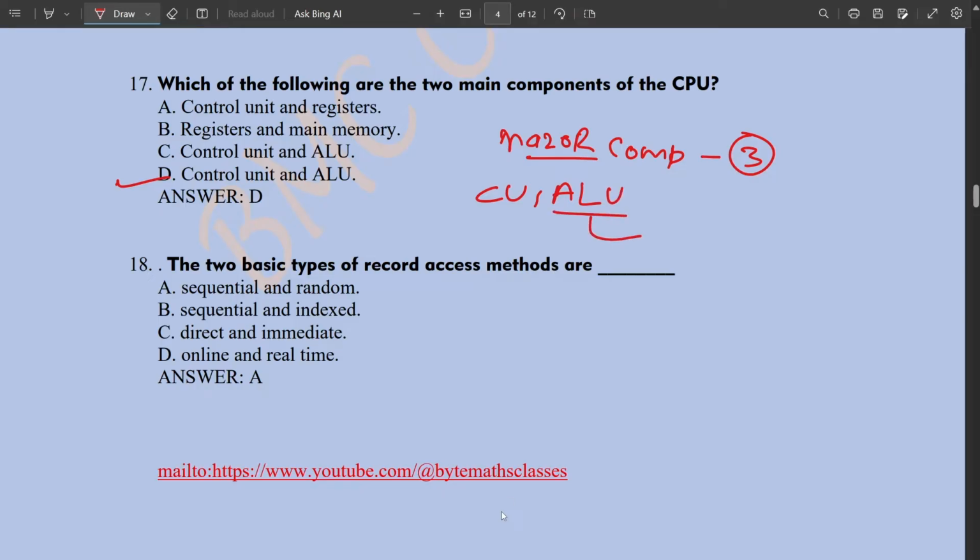ALU's full form is arithmetic logical unit. It does calculations and arithmetic operations. Question 18, the two basic types of record access method are sequential and random.